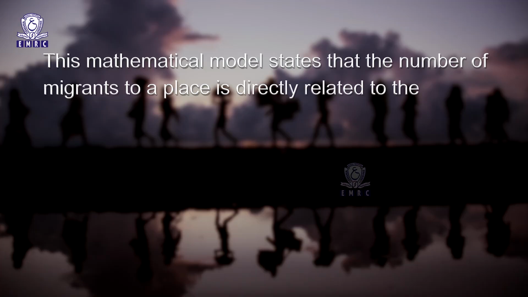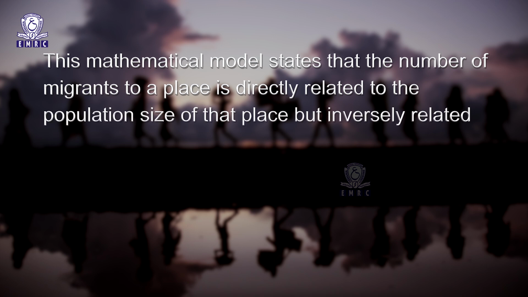The effect of a large place on the size of the migration field is expressed by a gravity model. This mathematical model states that the number of migrants to a place is directly related to the population size of that place, but inversely related to the migratory distance.